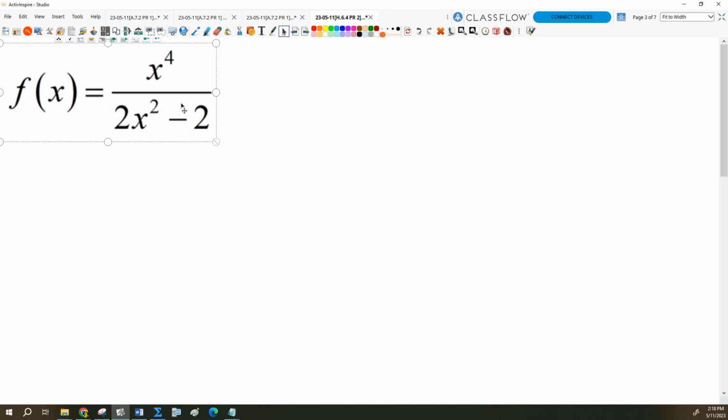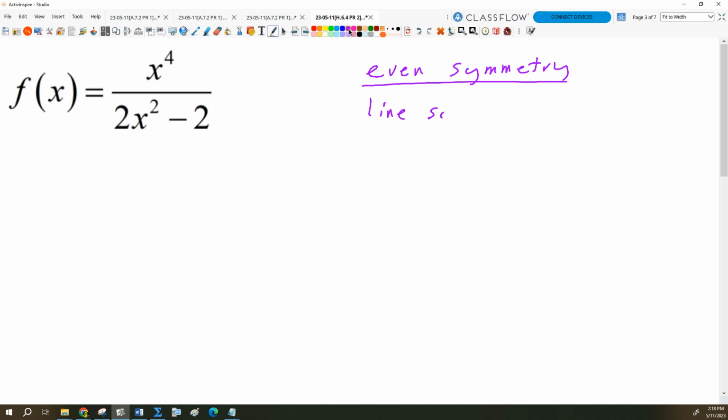Okay, so even symmetry is reflective symmetry about the y-axis, right? So even symmetry is line symmetry about the y-axis.